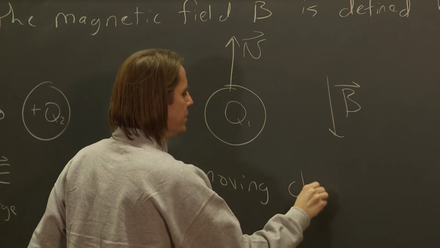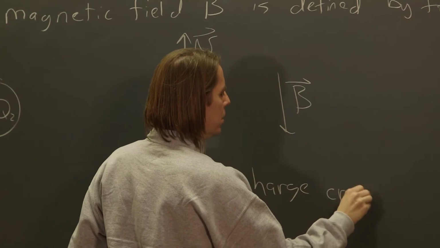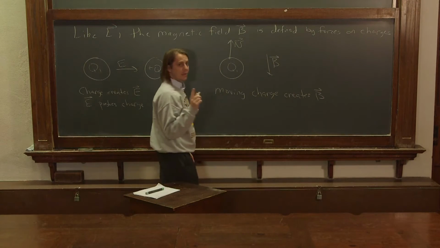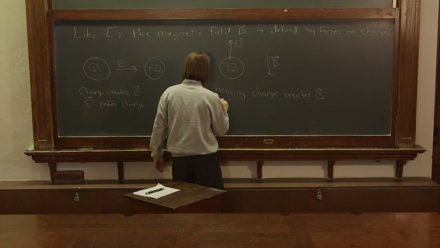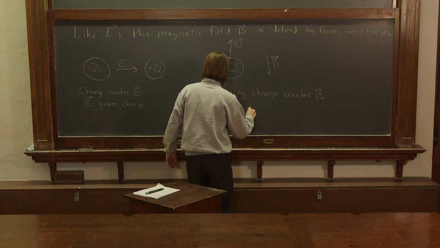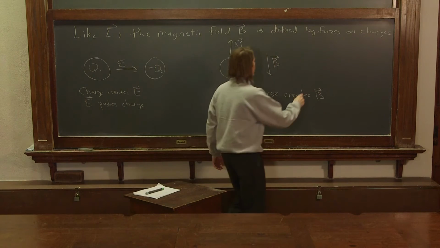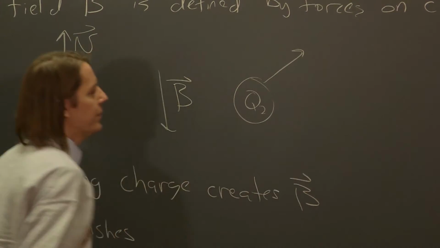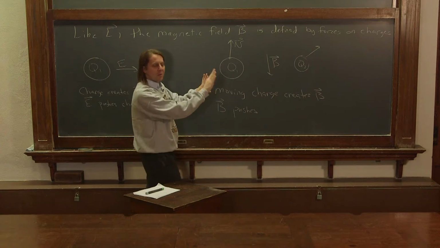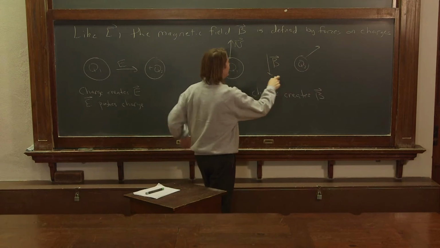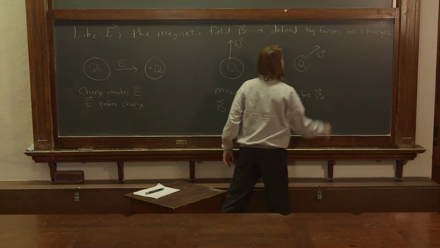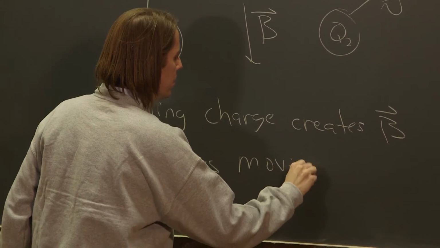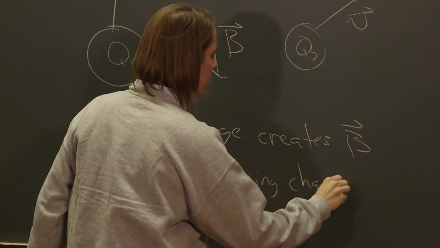A moving charge creates B, and B pushes, guess what? Only a moving charge. Okay? These directions are not accurate. We'll get into the directions later. I'm just giving you the idea that this one has to be moving, that one has to be moving, and B pushes a moving charge.